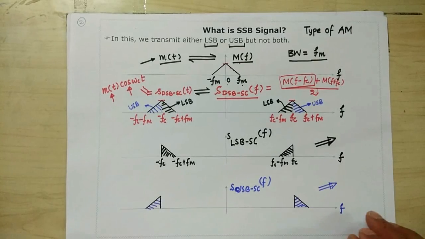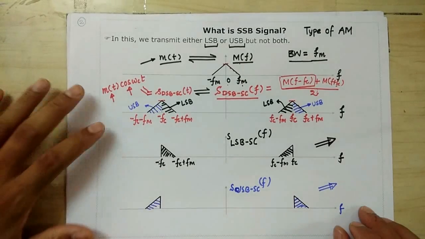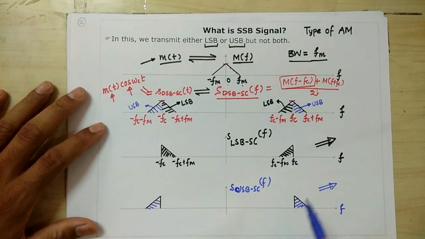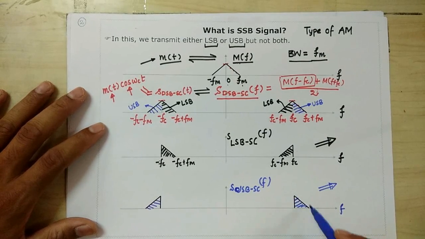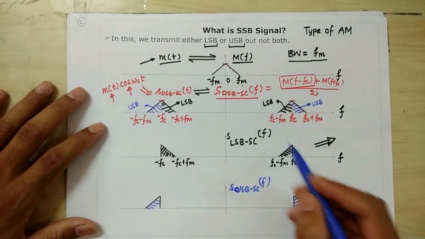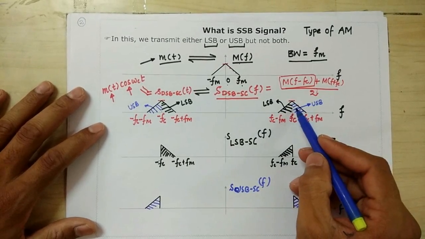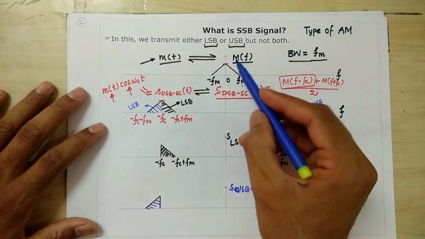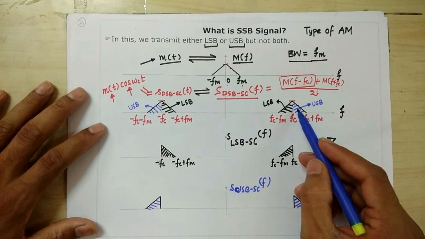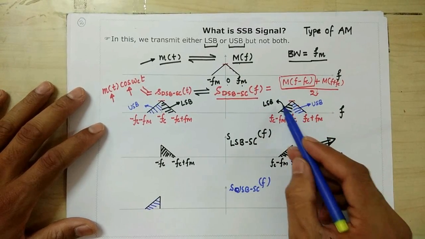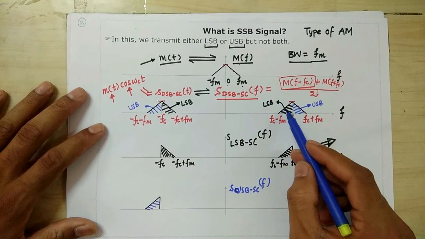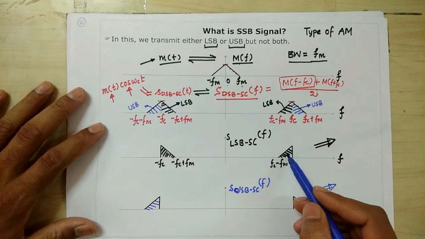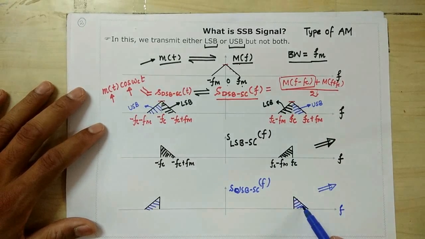Because at the receiving end, when we receive this signal, if you know your upper sideband, then you can produce your LSB, and if you know your LSB, then you can produce your USB.